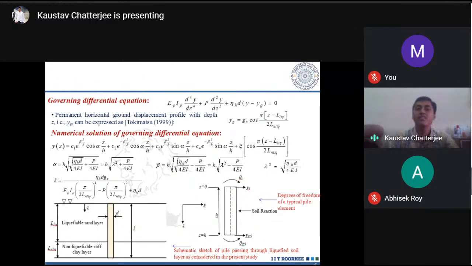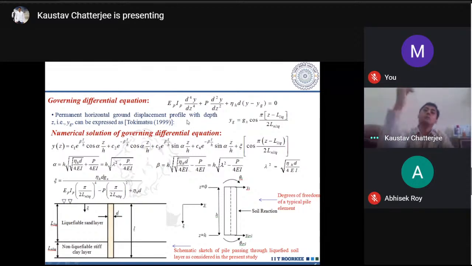It is given in this particular manner: EI d⁴y/dz⁴ + P d²y/dz² + ηh d (y − yg) = 0. EI is the flexural rigidity of the pile, y is the deflection, z is the depth, P is the vertical loading, ηh is called the subgrade modulus, d is the diameter of the pile, and yg is the permanent horizontal ground displacement profile with depth.